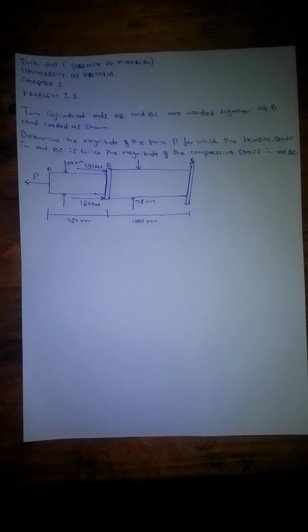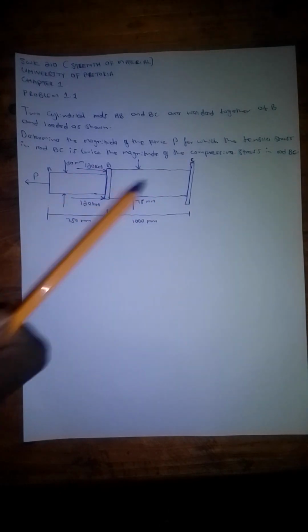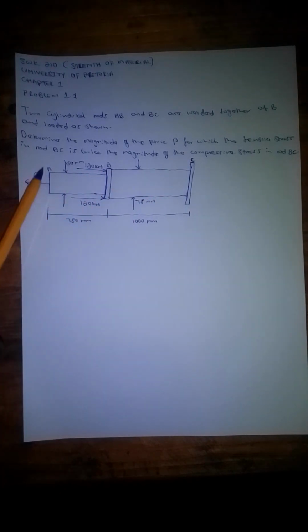Already they are telling us that AB is experiencing a tensile stress and BC is experiencing a compressive stress.